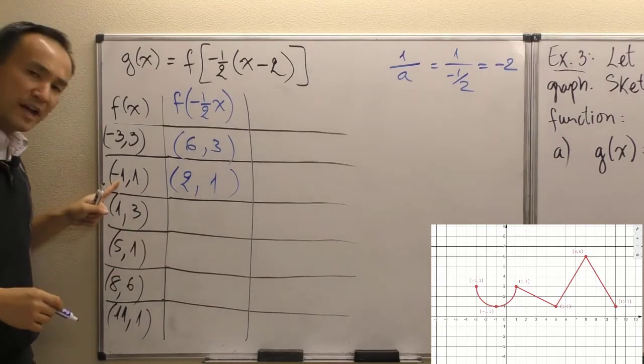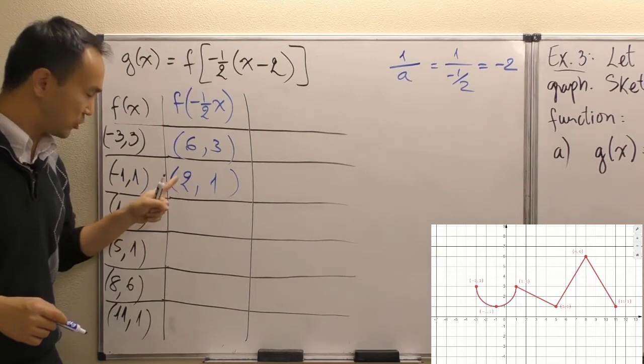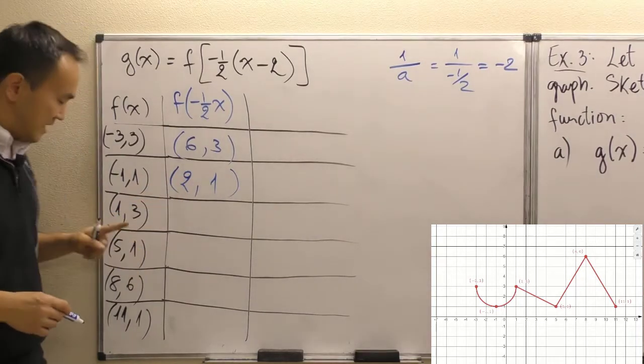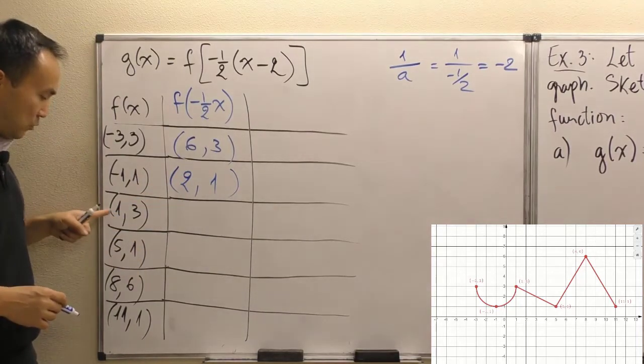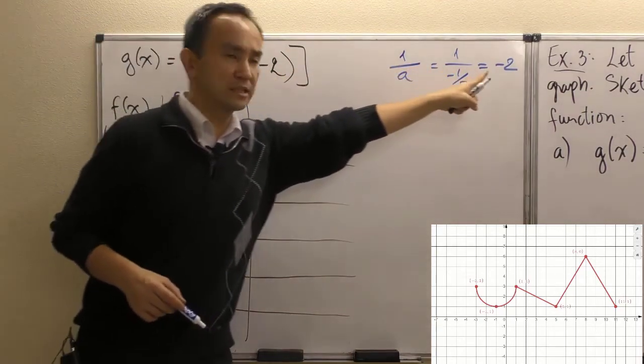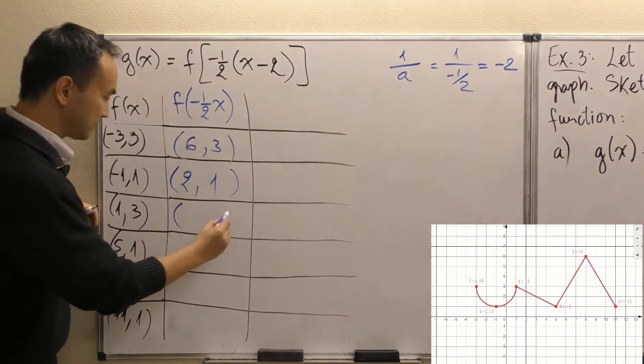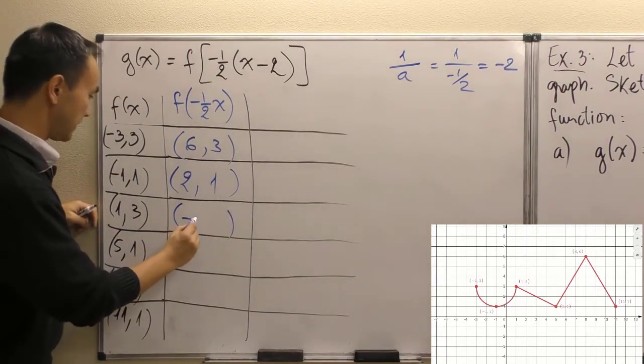So that point negative 1 comma 1 on the original parent function is now transformed into 2 comma 1. Then the next point is 1 comma 3. The x value 1 will be multiplied with negative 2, and it gives me negative 2 comma 3.